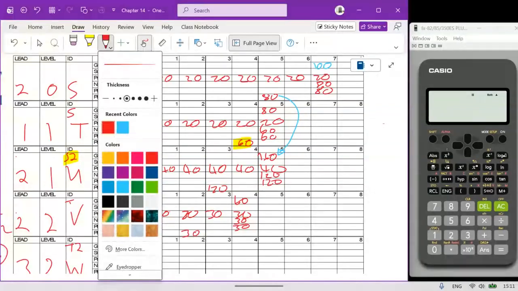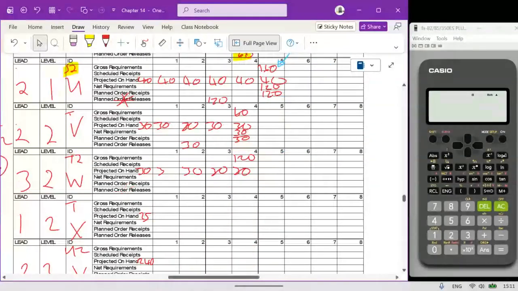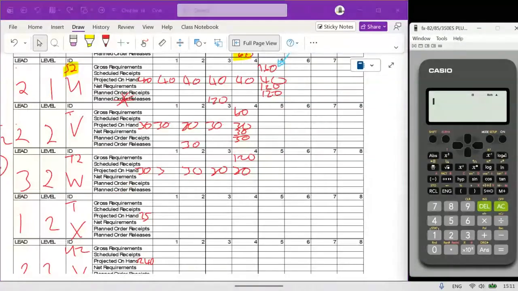That one there comes here. It's T. So 120, because it's times 2, 120 minus 30, because we have the 30 on hand. And then the net becomes 90, right? Yeah, 90.